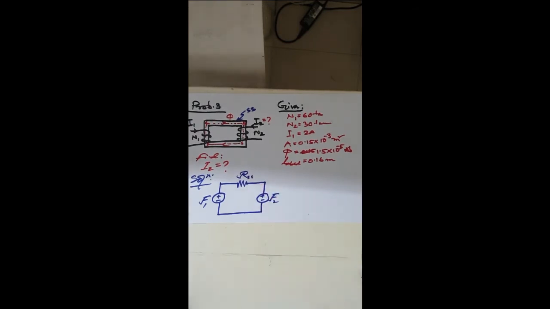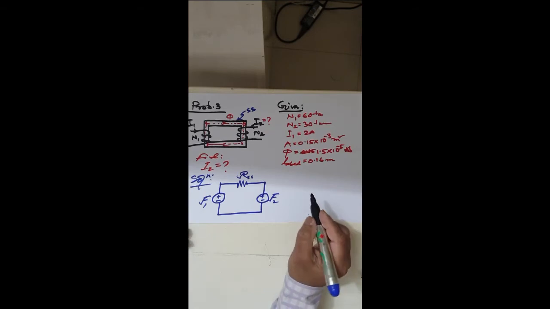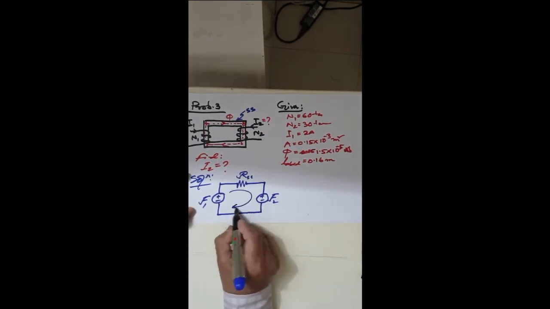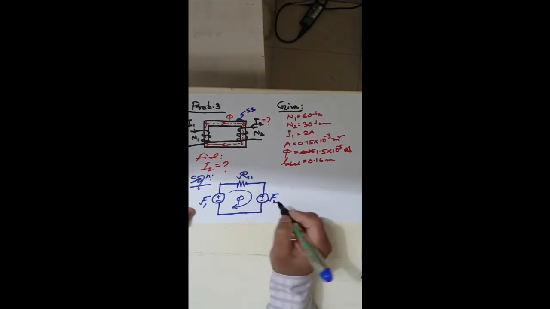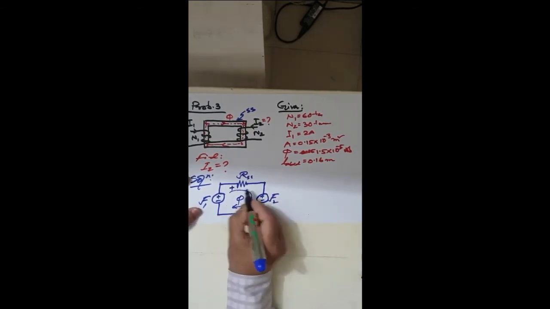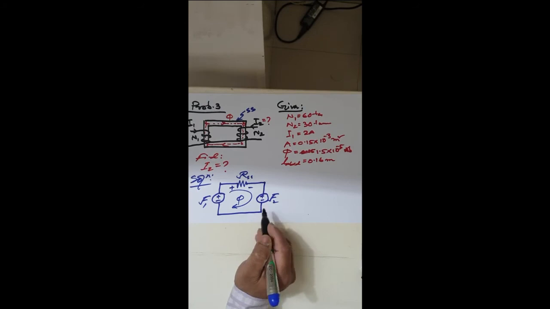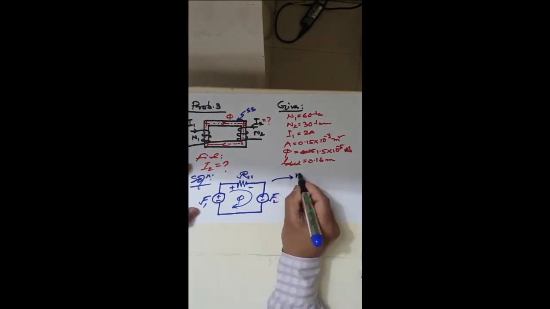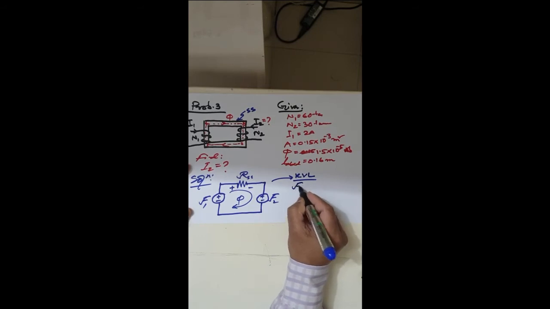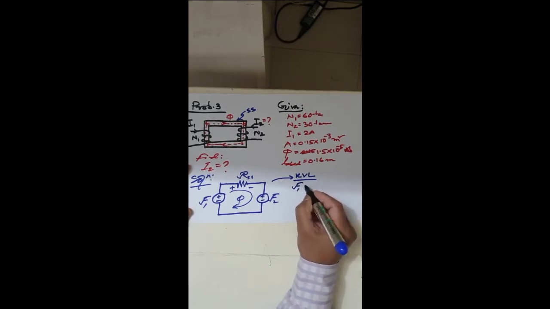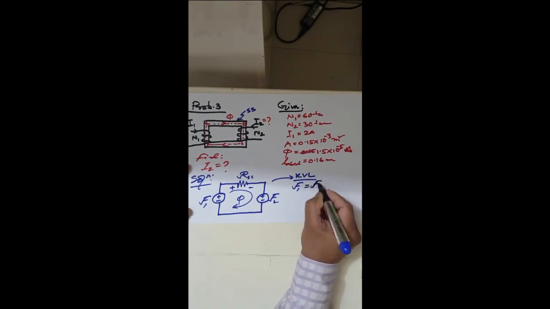Then what we are going to get from here is phi flowing, which is given here as well. You can see the phi flowing through the loop, and from here you just write the KVL like last time. The KVL will tell you F1 equals this plus this, that is, F1 equals HSS LSS plus F2.